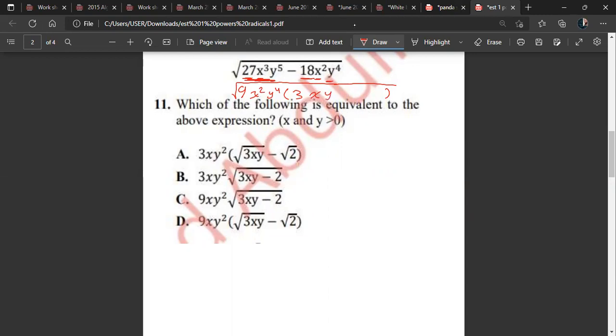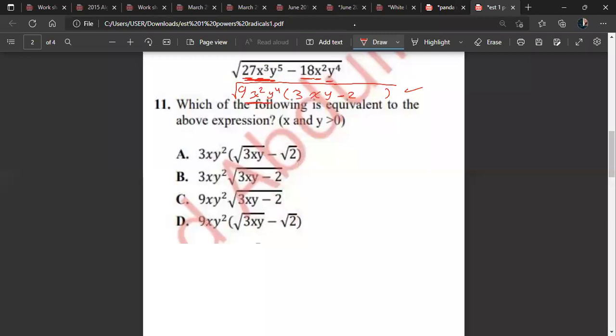Is this clear? Next, you have negative, then 18 over 9 equals 2, x squared over x squared equals 1, y power 4 over y power 4 equals 1. So this is the first step we do. Clear?